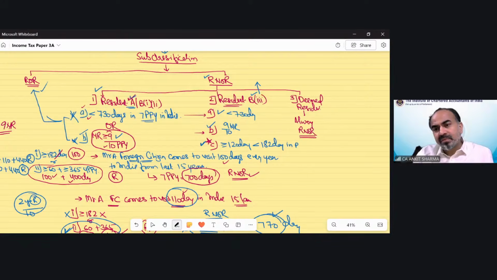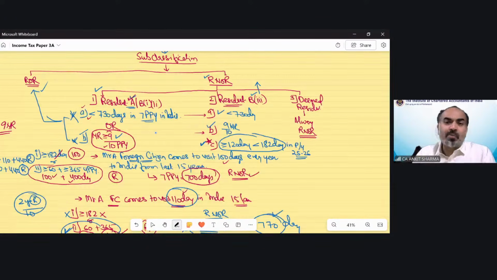So if that category B third point person is more than or equal to 120 days in India in that previous year, but less than 182 days, so if he falls between 121 and 182 days, then he or she will also be called resident and not ordinary resident.